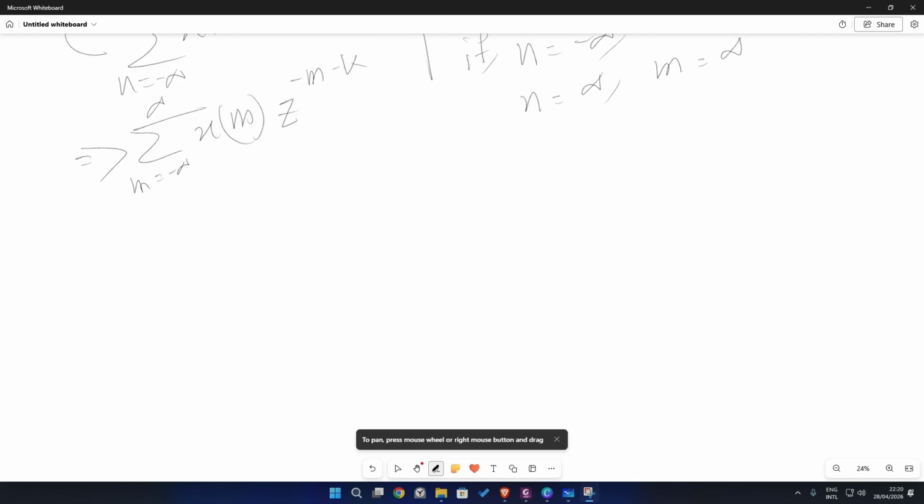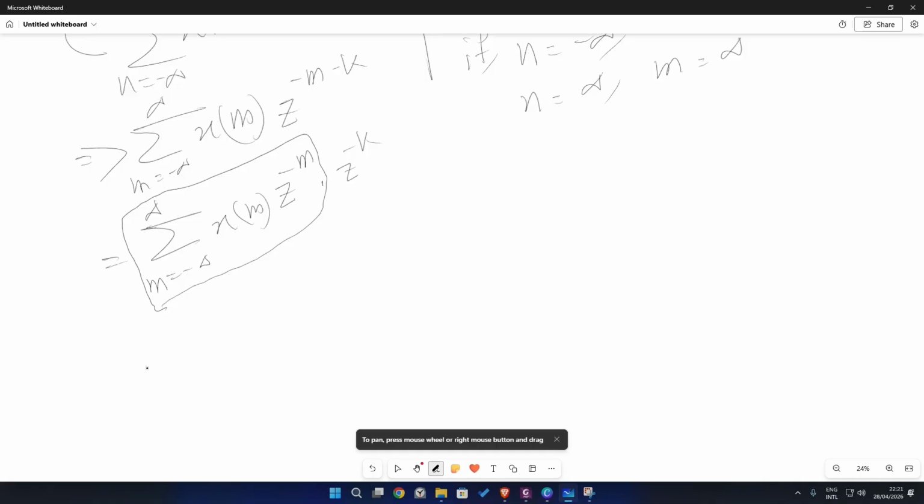Now m equal to minus infinity to plus infinity x of m, we can split it as z to the power minus m into z to the power minus k. Now closely look at this part. If you observe it, we can see that this and the main formula, x of n z to the power minus n, are the same.